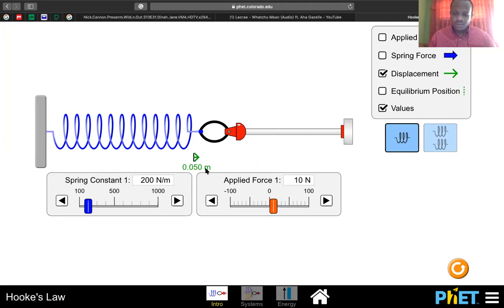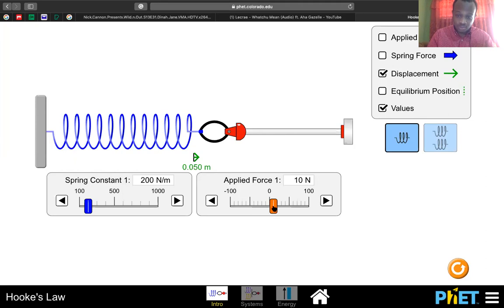Whenever we apply a force, we realize that there's a change in the extension. The spring moves from this position 0.05 meters to the right based on our force. Now, if we double this from 10 newtons to 20 newtons, look what will happen to the extension.